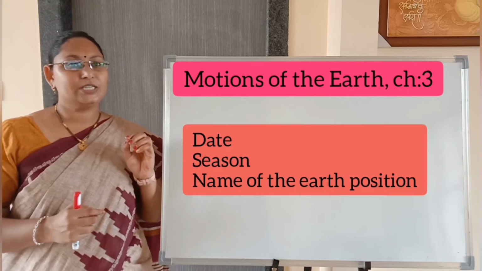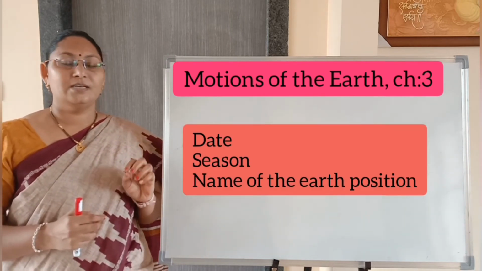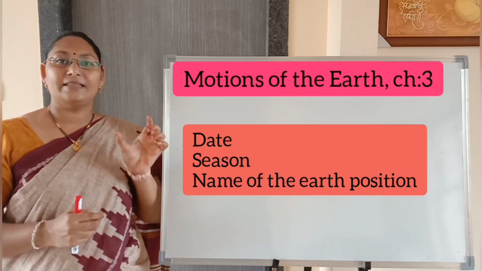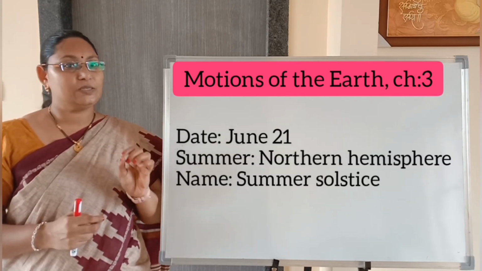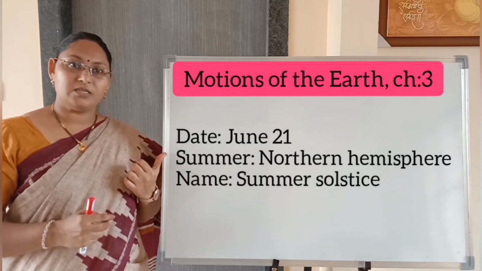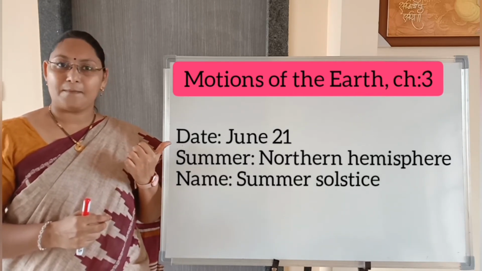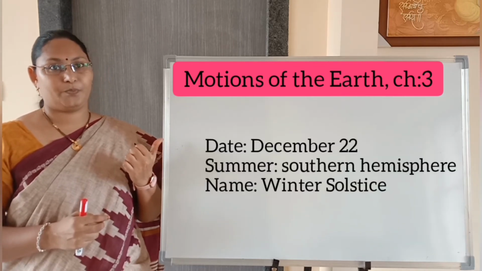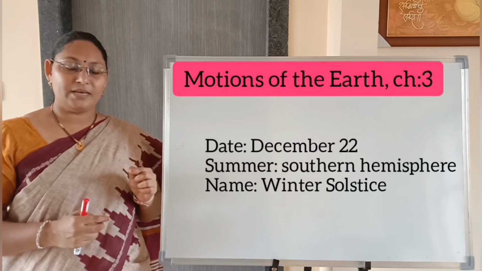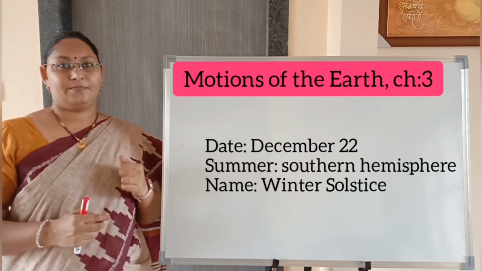So the date, month, which hemisphere is getting the heat, and the name of the earth position is important. Okay. June 21st, Northern Hemisphere, summer solstice. December 22nd, Southern Hemisphere summer, winter solstice.